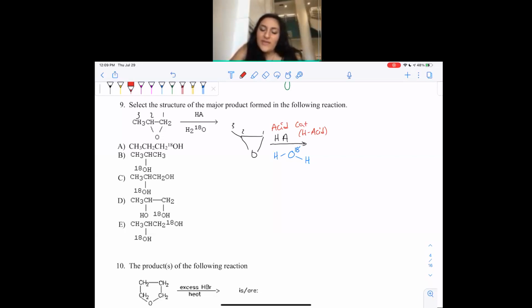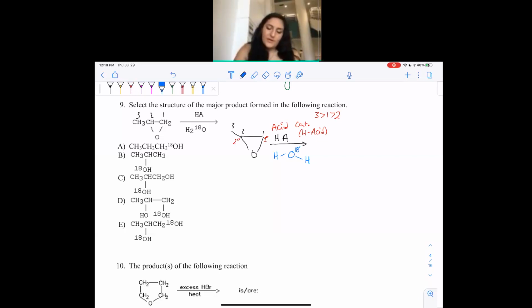So when we have an acid catalyst, what's our order? 3, 1, 2. Sweet. So are we going to attack carbon number 1 or carbon number 2? Carbon number 1, because this one is primary, this one is secondary.